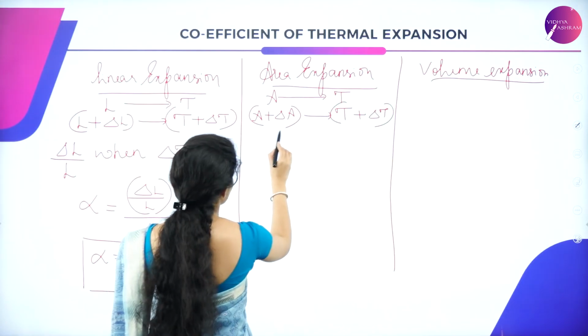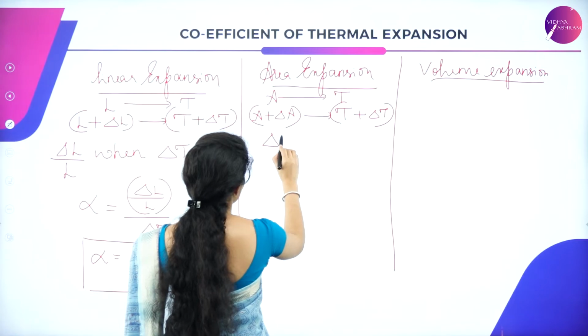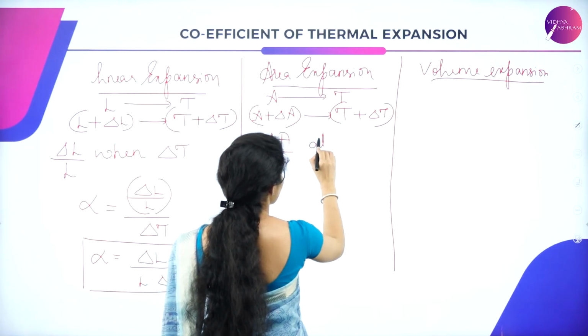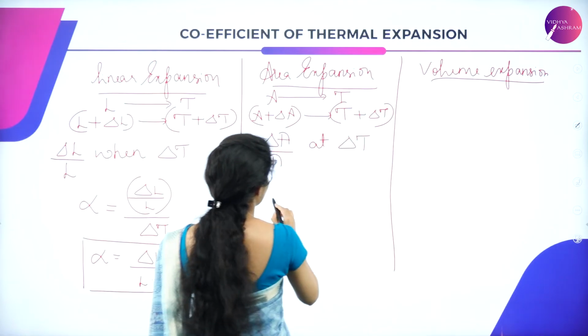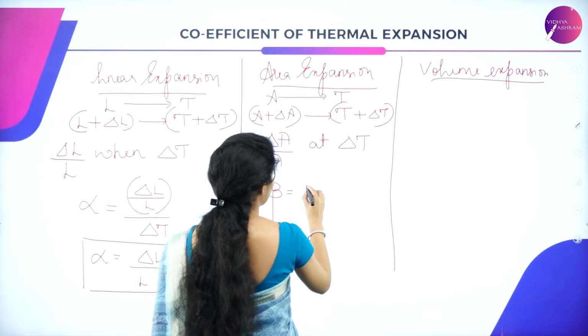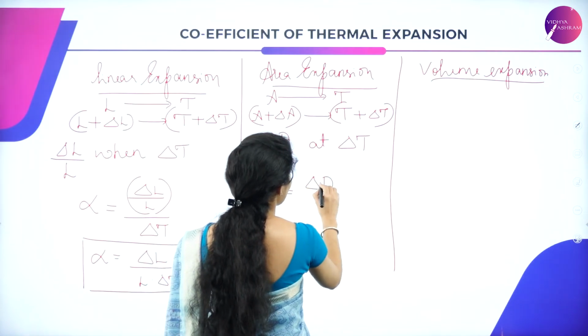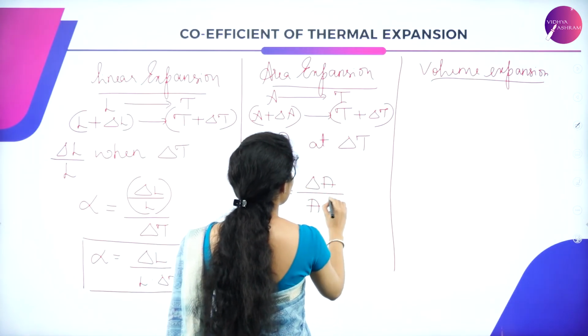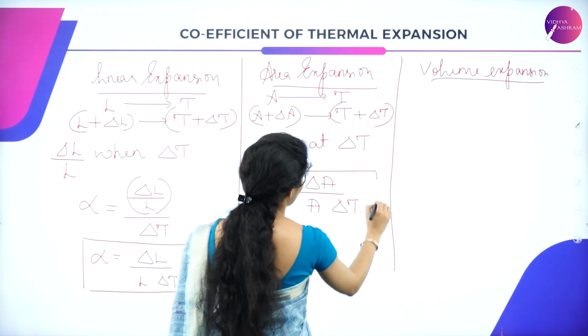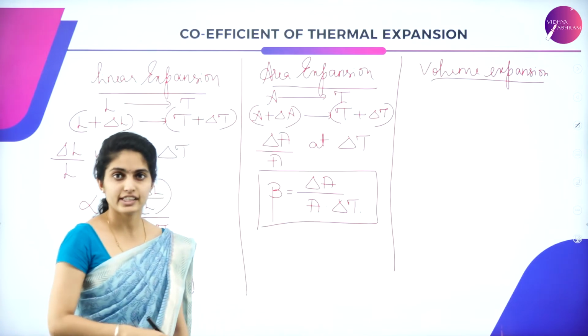Now delta A, that is the change in area per unit area per change in temperature, gives beta, which is said to be the coefficient of area expansion. So beta is delta A by A into delta T. This is the coefficient of area expansion.